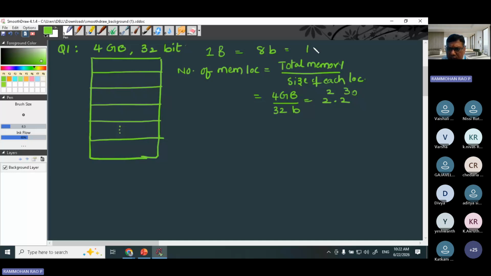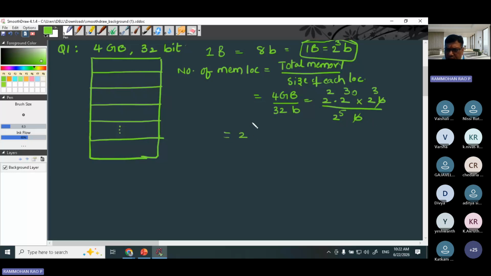So 8 can be written as 2 power 3, so 1 byte is 2 power 3 small b. So this capital B can be written as 2 power 3 small b, divided by 32 b. 32 can be written as 2 power 5 small b. Small b got cancelled on either side.